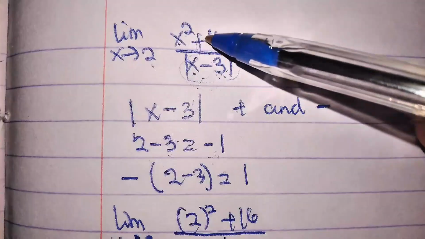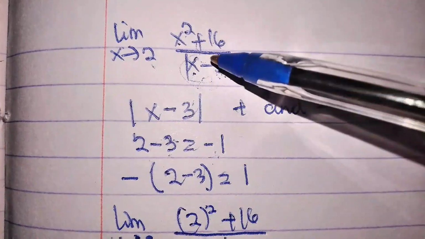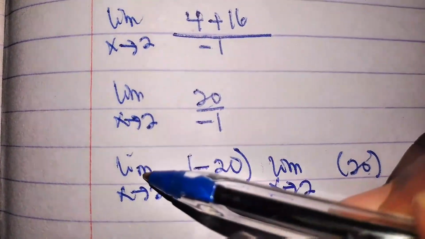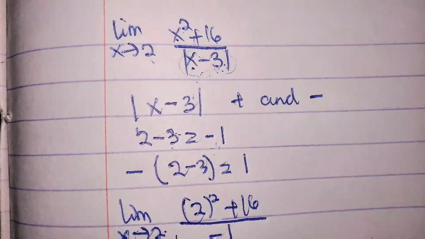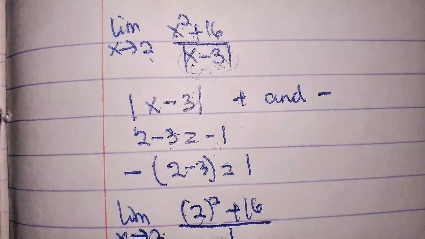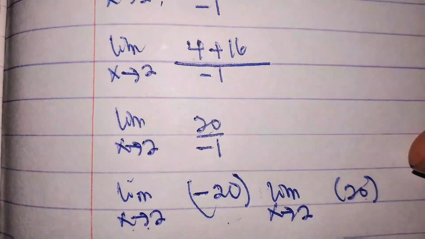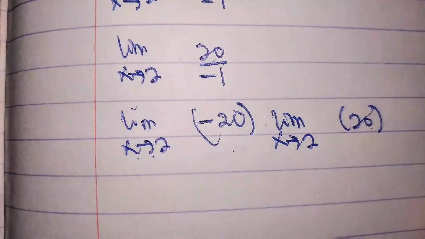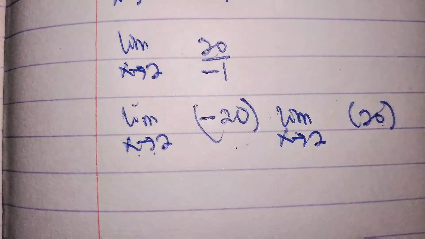Now 2 squared plus 16 is 20, and 20 over 1 gives us 20. So the limit as x approaches 2 of x squared plus 16 over the absolute value of x minus 3 is negative 20 for the negative value, and for the positive value we get 20. Now we are going to see if these are actually the solutions for our particular problem.